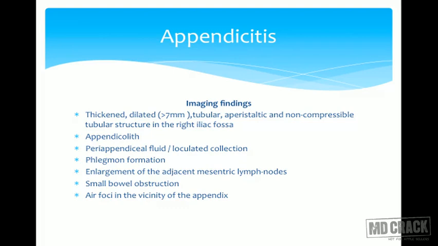Now, phlegmon formation, enlargement of the adjacent mesenteric lymph nodes, air foci within the vicinity of the appendix, and small bowel obstruction are all findings which are much more easily detected on CT. However, one should know that in the pediatric age group, one does not usually require CT to make that diagnosis. Ultrasound is an excellent modality to rule that out.